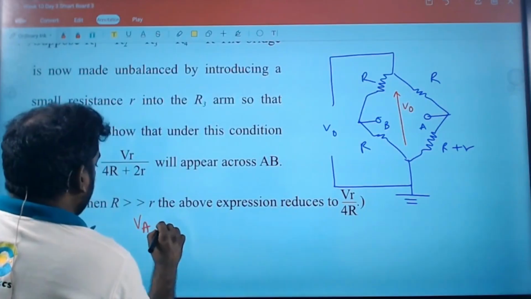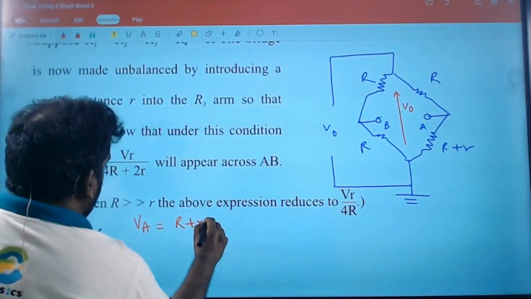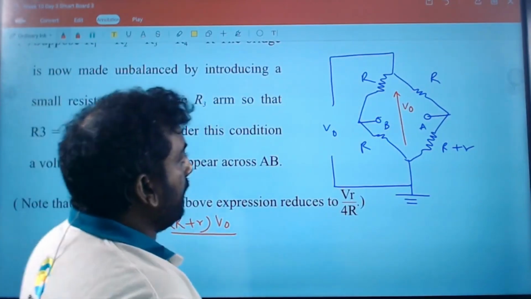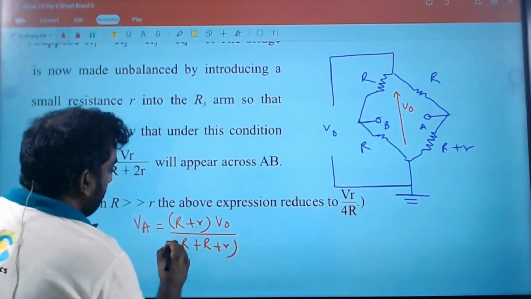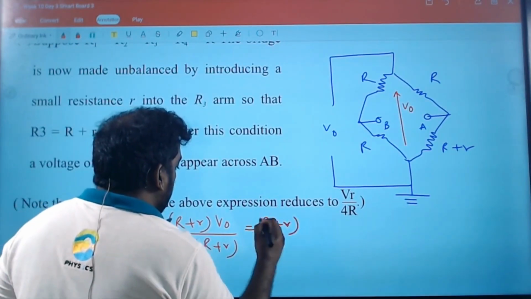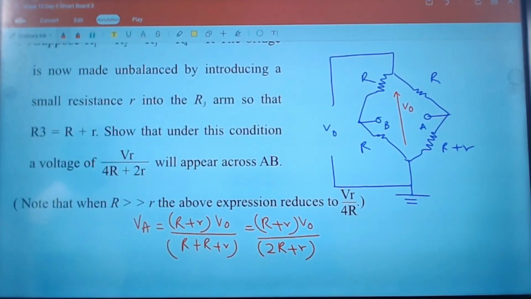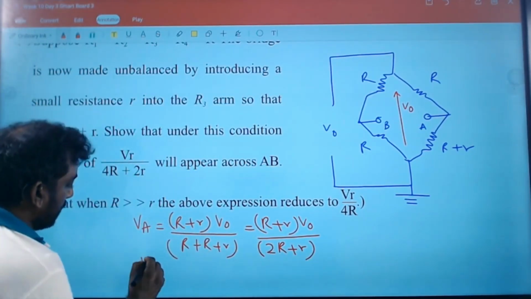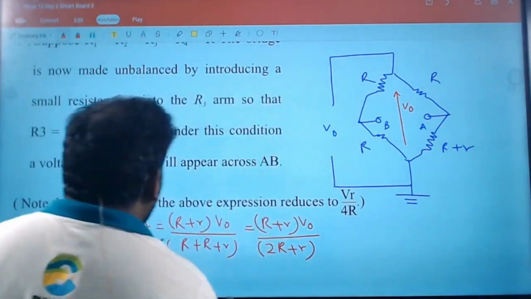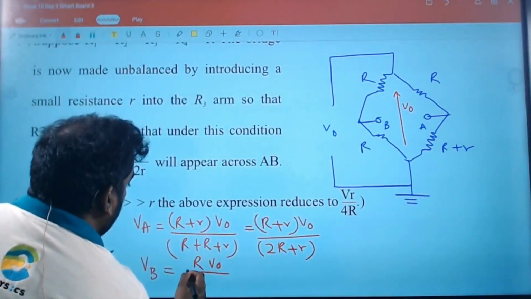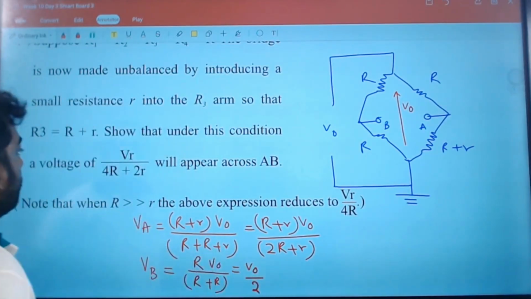Voltage at A from the ground: R plus small r, V naught divided by the addition with the branch, R plus small r plus R, that is 2R plus small r. What about the voltage across B? Voltage across B: capital R times V naught divided by R plus R. That is equal to V naught over 2.